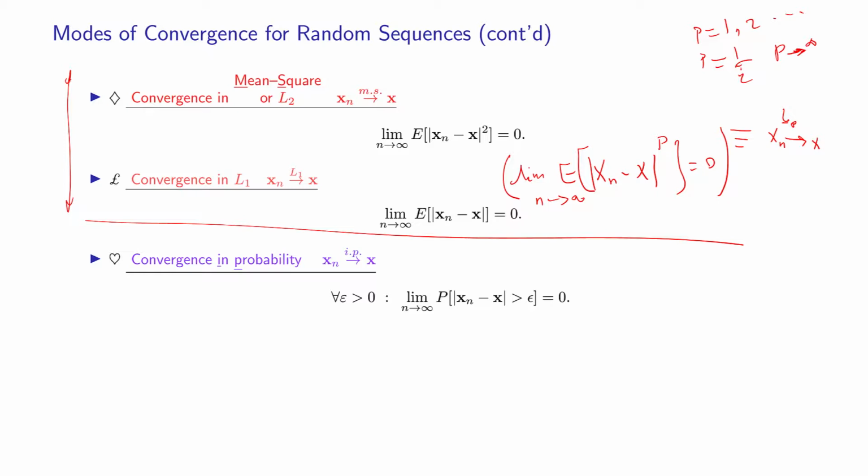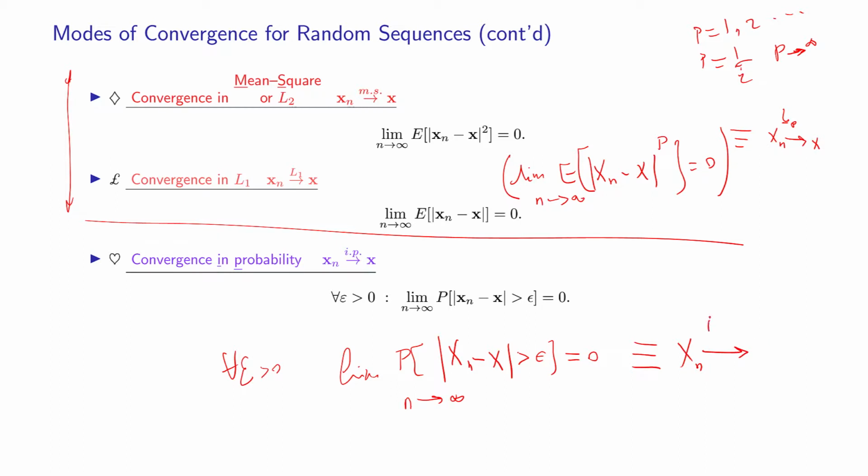Convergence in probability means that the distance between x of n and x, because this is a random variable, if the probability that this distance is bigger than epsilon reduces to 0 as n goes to infinity, for all epsilon which are positive, then we say that x of n converges in probability to x.